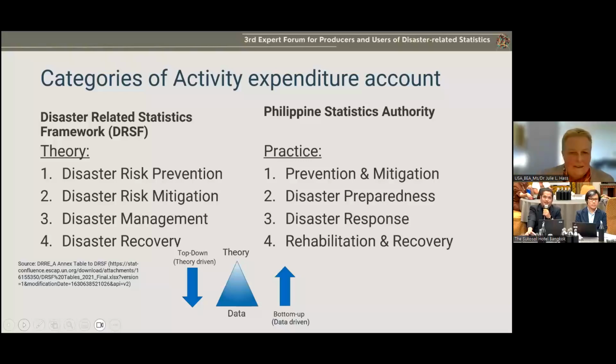Okay, so these are what we call the thematic areas for DRRE. On the left side, we have the ones under the DRSF. On the right side, that's what we did initially in the Philippines. Essentially, both categories are the same. Let me clarify this for everyone. For the first difference, the DRSF separates disaster risk prevention and disaster risk mitigation, and in the Philippines we have prevention and mitigation together. Yes, it should be separated.